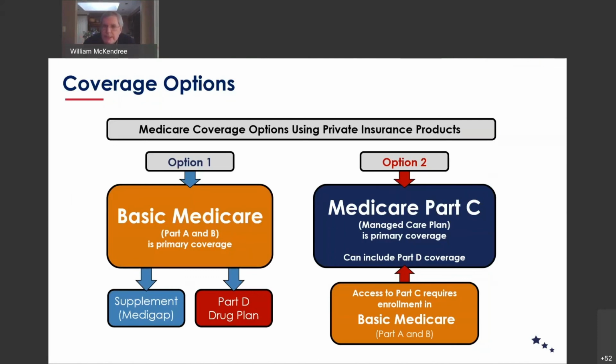The first option is you're enrolled in Medicare Part A and Part B, and you're going to supplement it with the Medigap. If you have this strategy, you have the expectation that through Medicare A and B, that's your primary coverage, you could go to any doctor or hospital in America and say, you take Medicare, right? And the expectation is every hospital in America, because they want to be accredited in their state, is going to say, of course we do.